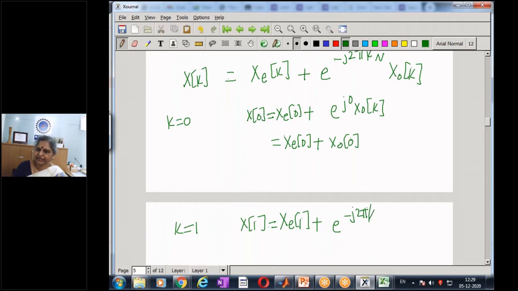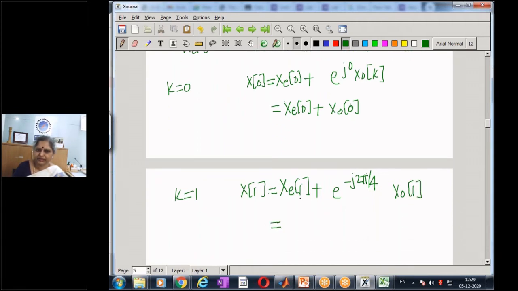K is 1 and n is 4, so 2 pi by 4, x0 of 1. And how much is that? Xe of 1 plus e power minus j 2 pi by 4. We know that it is e power minus j pi by 2, which is minus j, and x0 of 1.